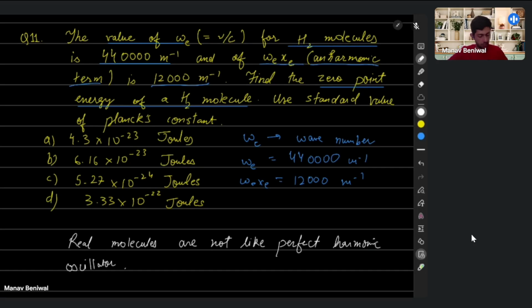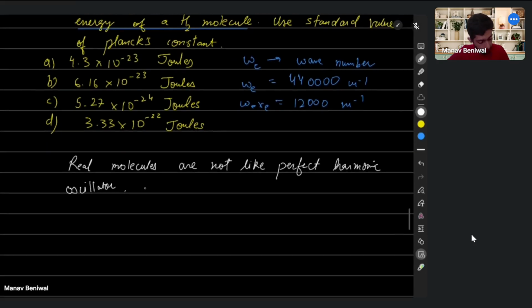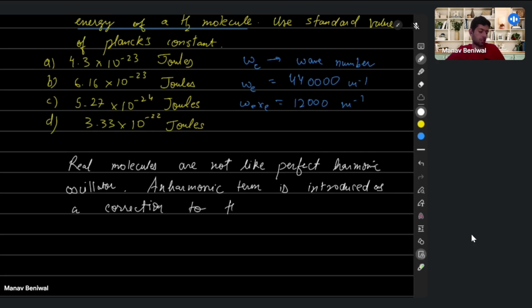So this anharmonic term is introduced as a correction to the energy levels.